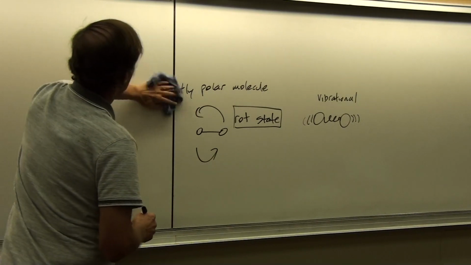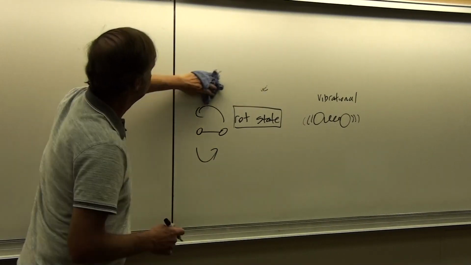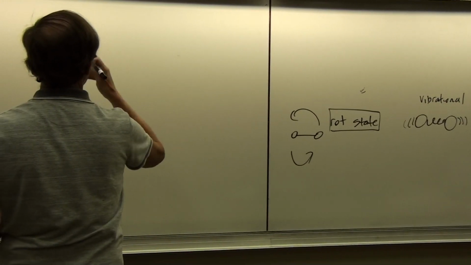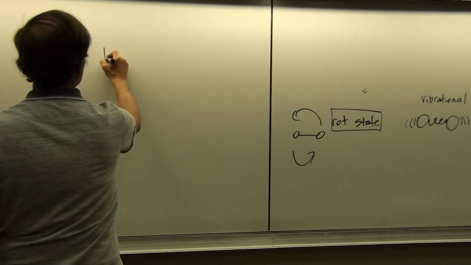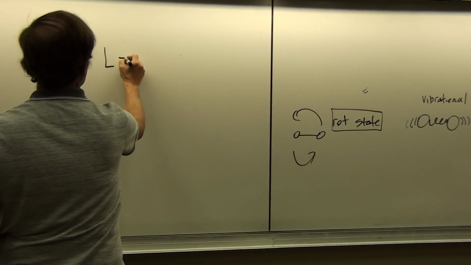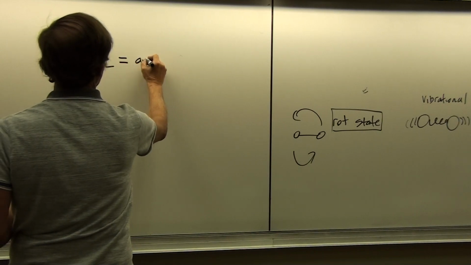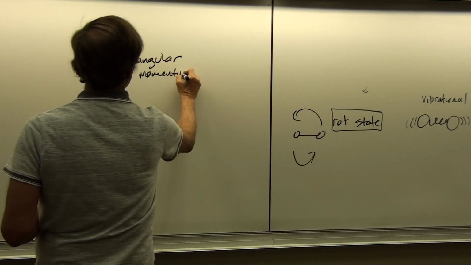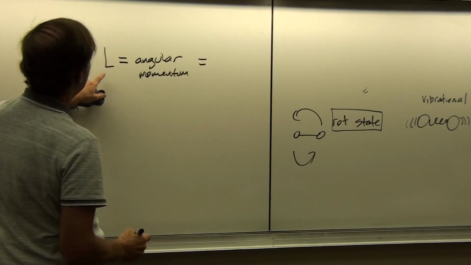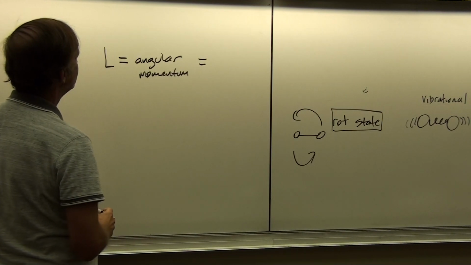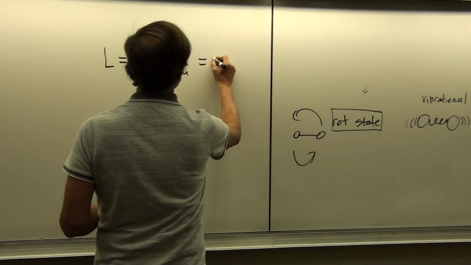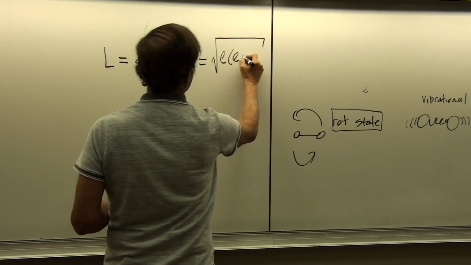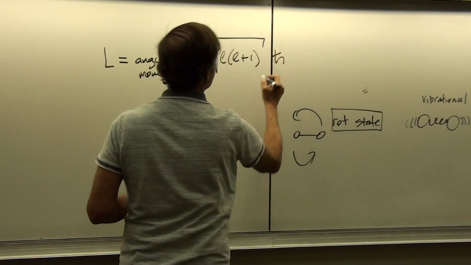Well, in a rotational state, we can say that the angular momentum, L, we can think of it as I omega, but in accordance with our solutions to the Schrodinger equation, we can write this as the square root of little l times little l plus 1 times h bar.